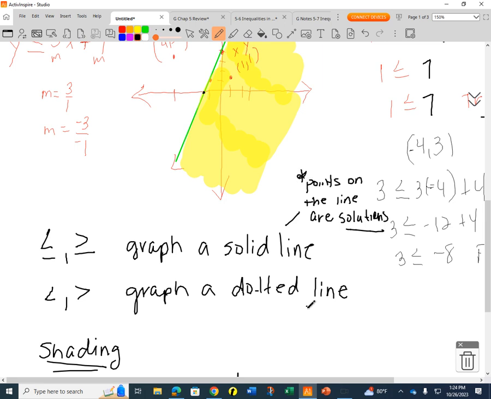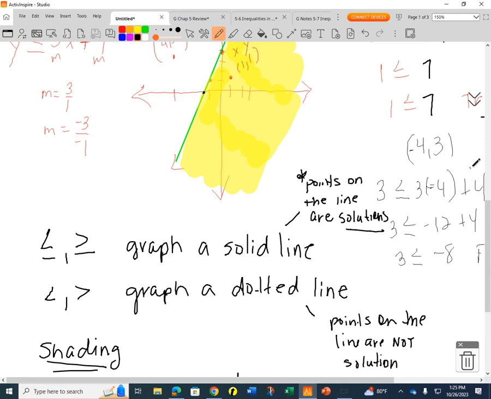If it's a dotted line, points on the line are not solutions. So when you graphed on a number line, you had a solid dot and an open dot. An open dot meant that number wasn't part of the solution. But a closed dot meant that it was. Does that sound familiar? You guys remember that?